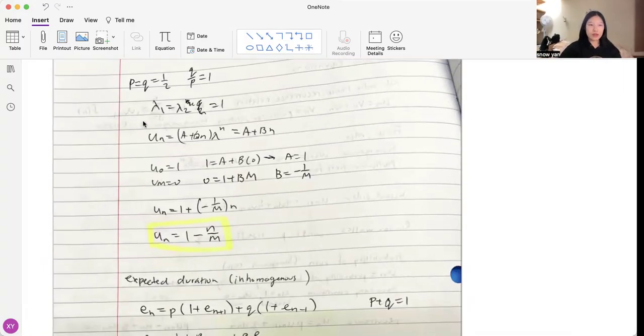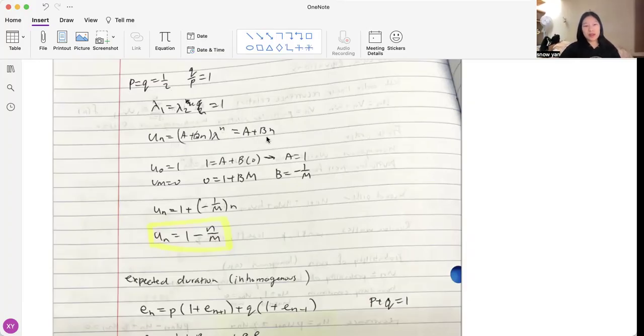For the other case where p and q are equal, they're both 1/2. And if it's 1/2, q divided by p is 1. So our repeated lambda is just 1. Substituting this in, we know it has to be in the form of A plus Bn, because lambda to the n power is still 1.